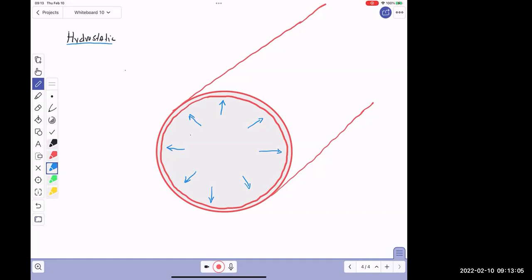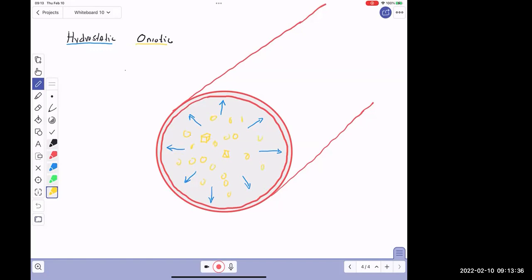And then the other major pressure you have is something called oncotic pressure. And oncotic pressure is the osmotic pressure that various solutes, right? So various things dissolved in the blood or the fluid, right?